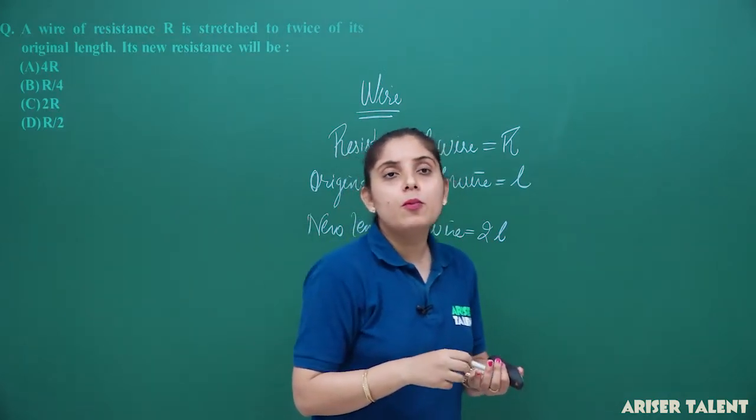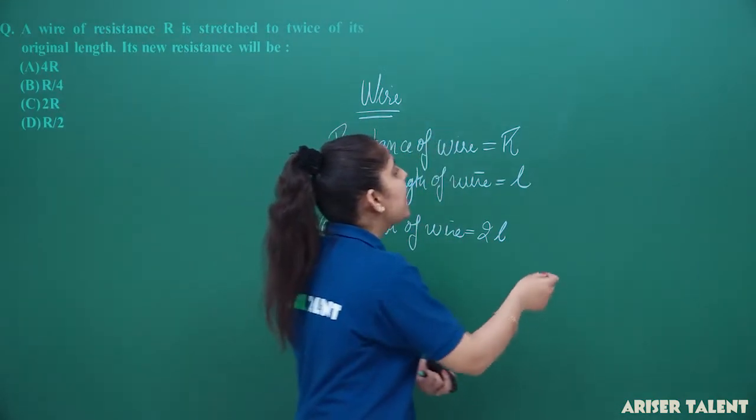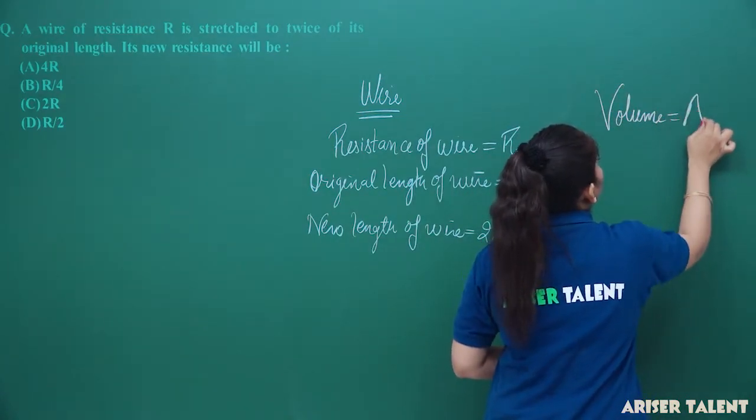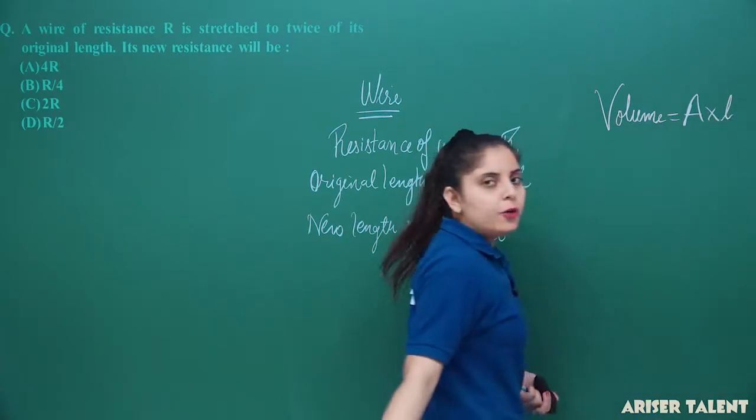So, what will be the formula for volume? Volume is equal to area into length.